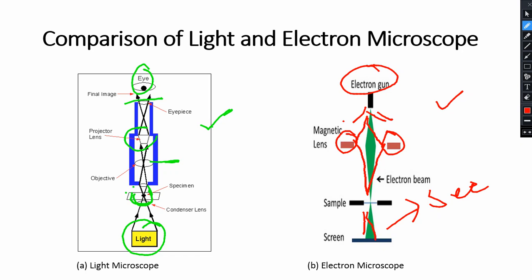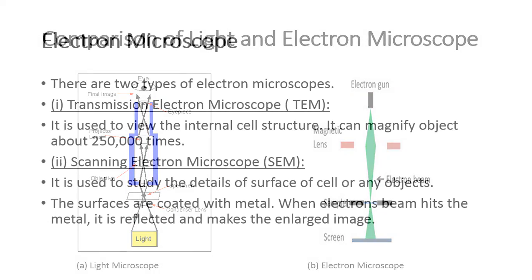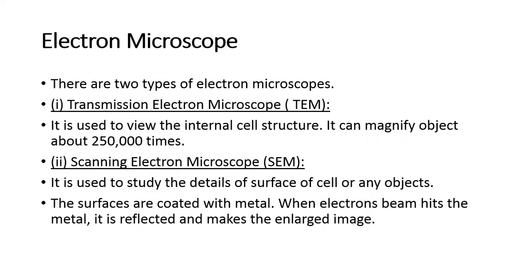Now let's move forward and read about the different types of electron microscope. In the second paragraph, students, if you look to your book, it says that there are two types of electron microscope. The first one is transmission electron microscope, which is also known as TEM.